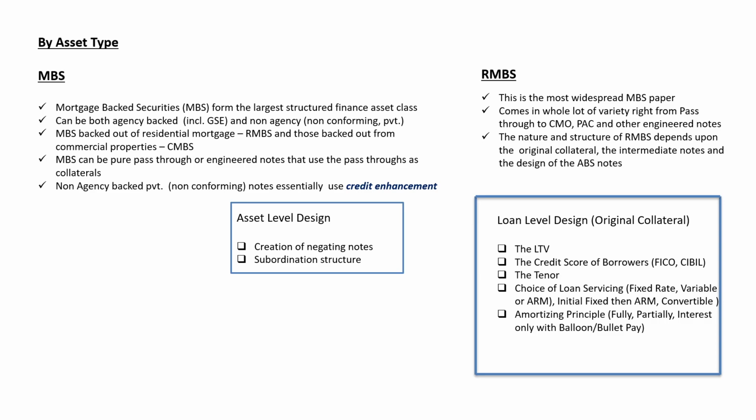And we also talked about that the structured notes are primarily of two types. One is the agency-backed structured notes, that is sponsored by the government entities, which require almost nil to negligible credit enhancement, vis-a-vis the privately issued structured notes that required considerable credit enhancement.